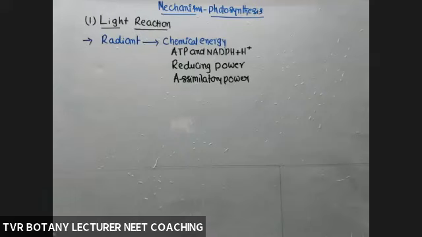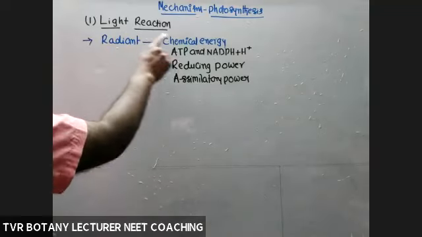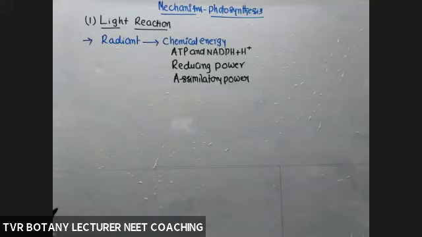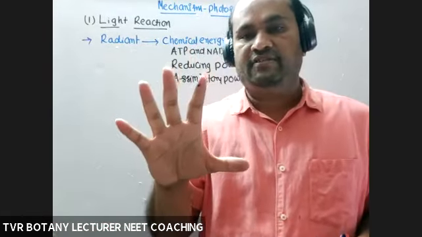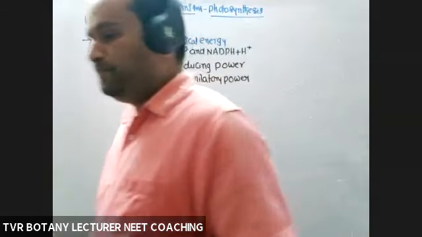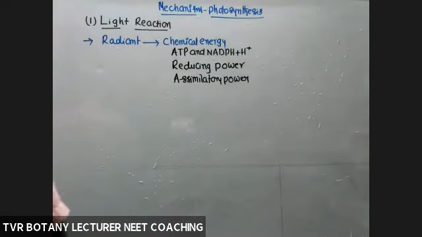So which molecule is able to convert light energy into chemical energy? Definitely the chlorophyll A molecule. The rest of the molecules, carotenoids, means xanthophylls, carotenes, and chlorophyll B molecules, are not able to convert radiant energy into chemical energy. So the chlorophyll A molecule is present in the reaction center.